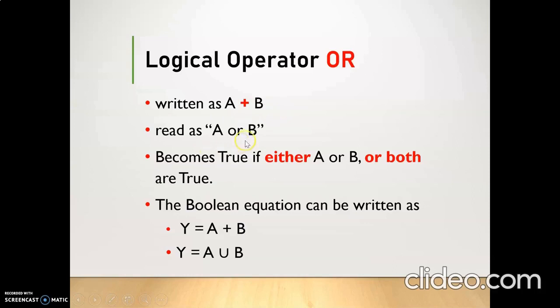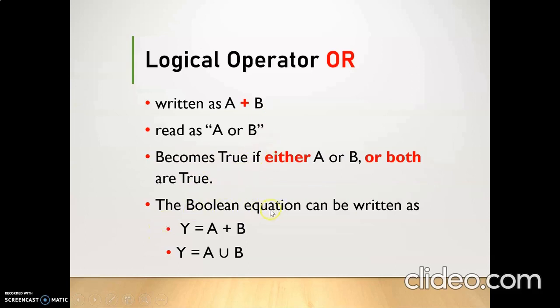So A or B is going to become true only if either A or B or both are true. If either one is true, then it's going to be true. Of course, if both are true, it's going to be true. So OR is a little lenient compared to AND, because there will be more cases of true.